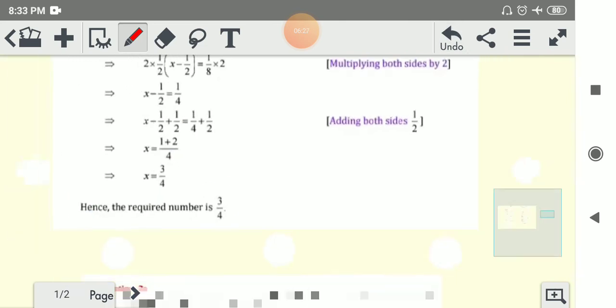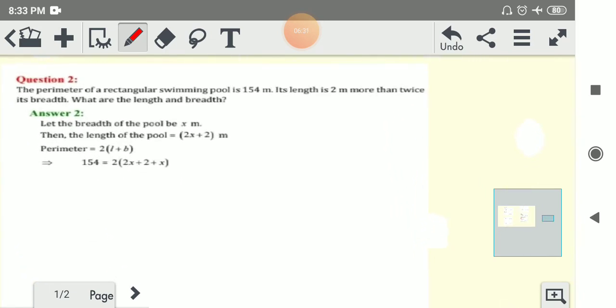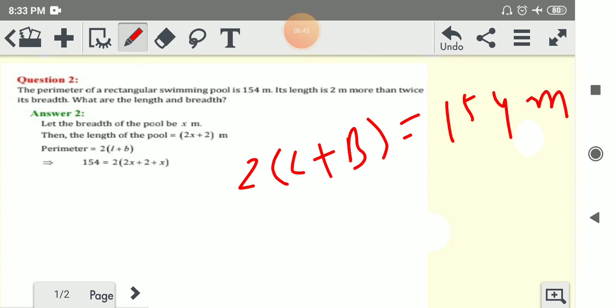Clear? And question number 2, the perimeter of a rectangular swimming pool is 154 meters. So we know that the perimeter of a rectangle is equal to 2 times l plus b. Okay. Its length is 2 more than twice the breadth. Okay.